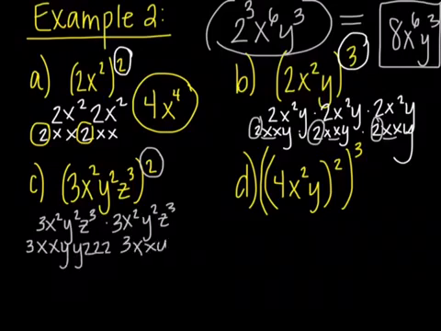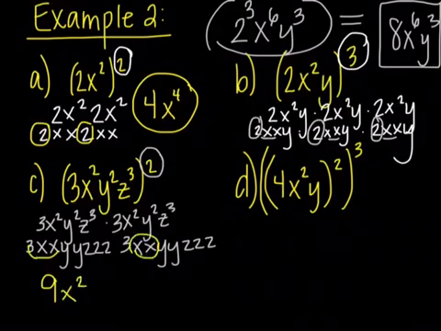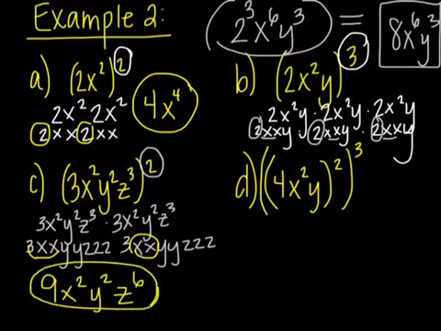And again, 3 times 3 will give me 9, or 3 squared. Either would be appropriate. X's, I see that I have 2 in the first expression and 2 in the second, so that is x squared. Y, again, I have 2 in the first and 2 in the second, so that is y squared. And 3 from the first and 3 from the second will give me z to the 6th power. And this would be my simplified answer.